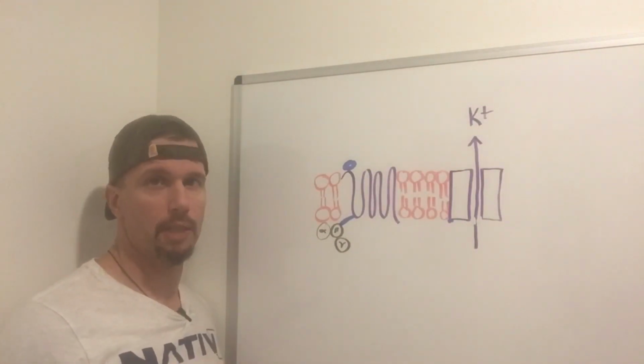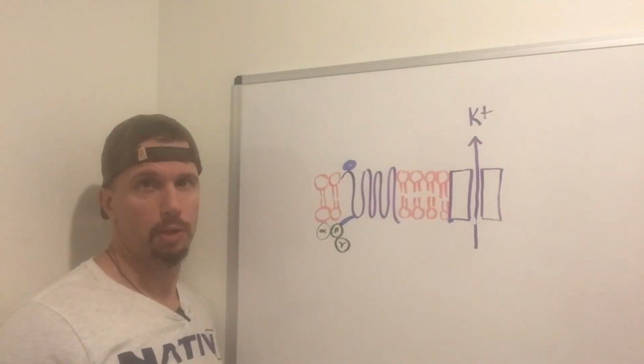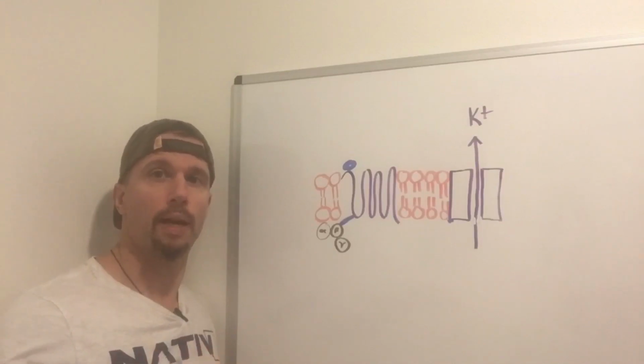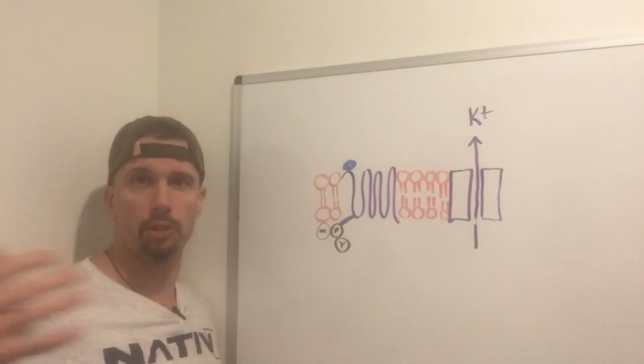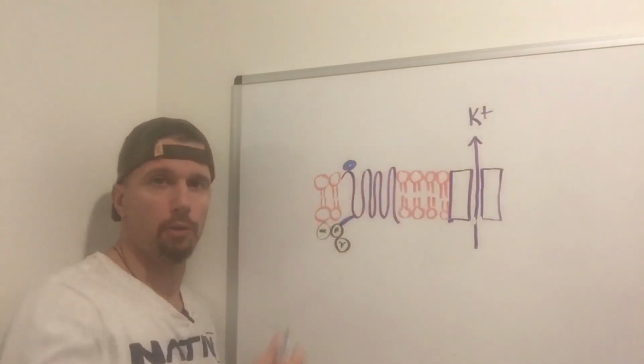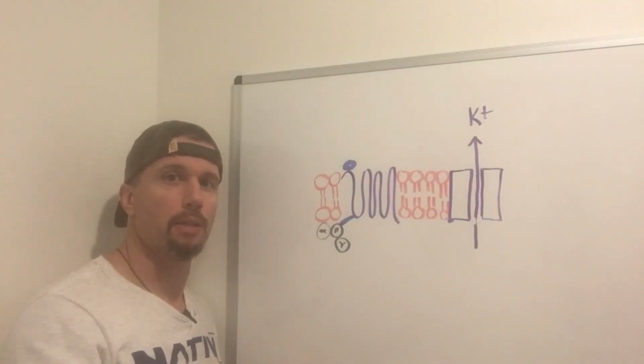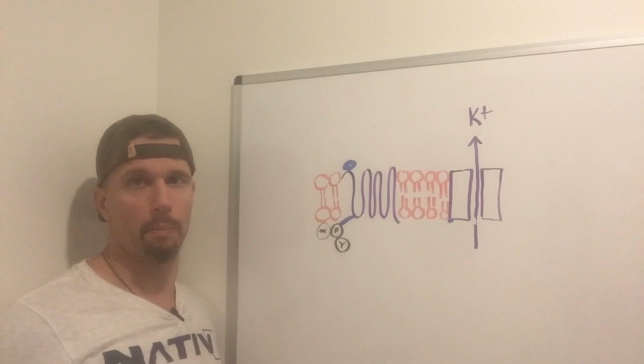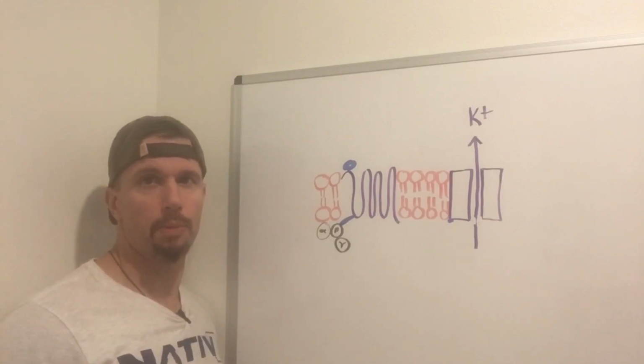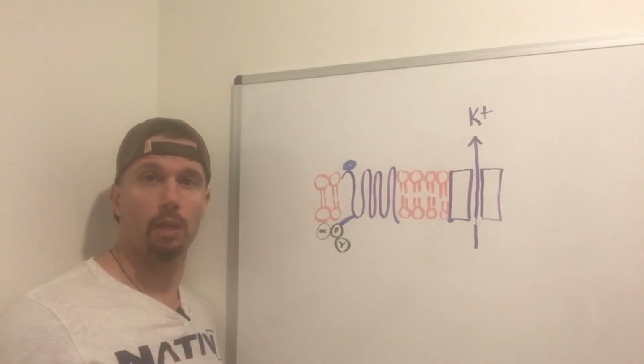Remember, there are 2 main categories of acetylcholine receptors. We have the nicotinic and the muscarinic. We're talking about muscarinic here because we're talking about the influence of the parasympathetic nervous system. But remember, nicotinic acetylcholine receptors are found at the neuromuscular junction.